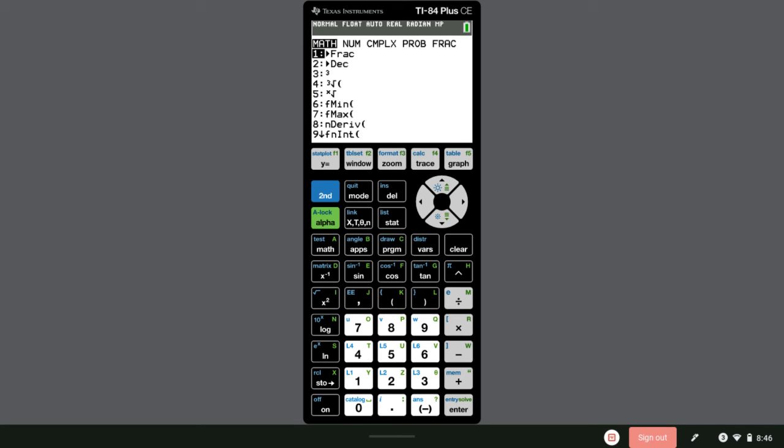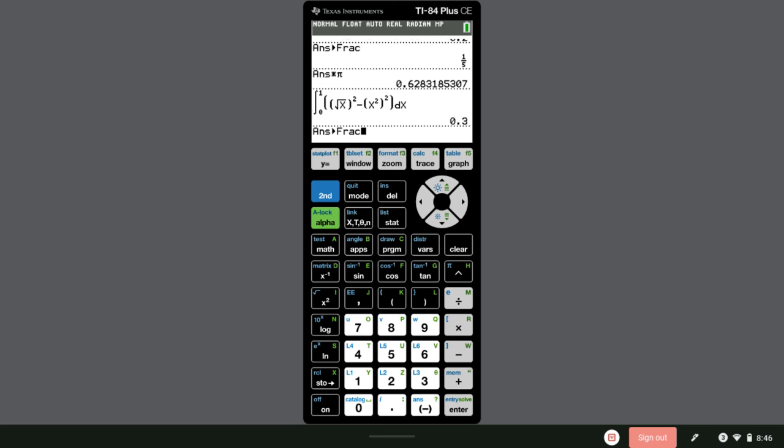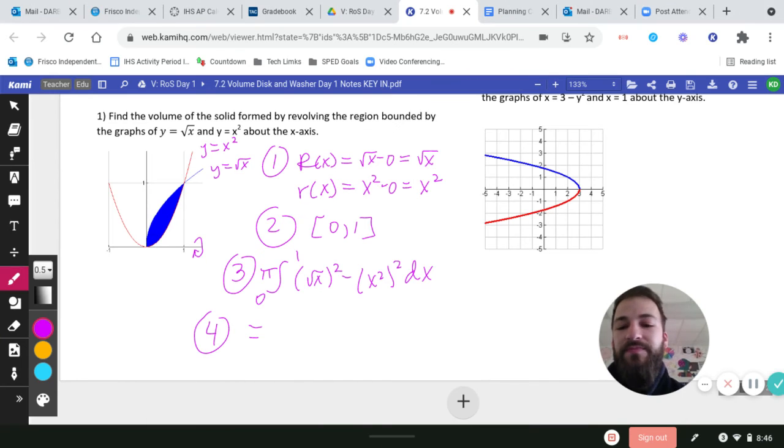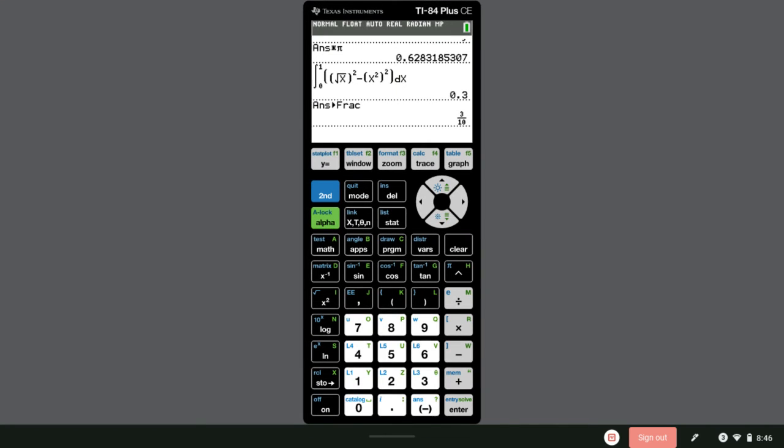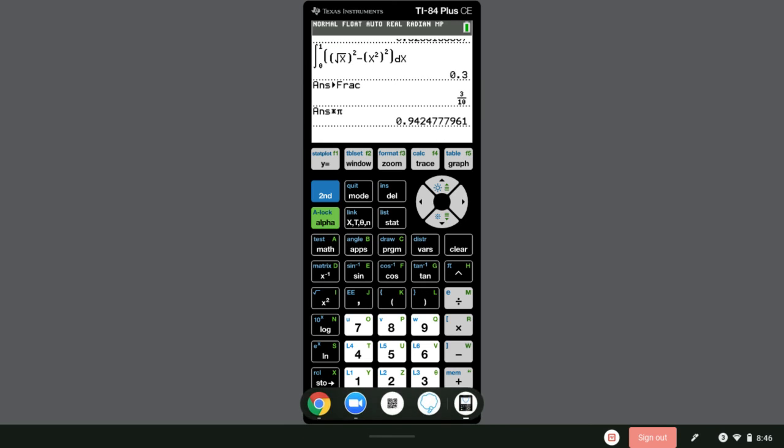So that gives us 0.3, or about 3/10. And then, of course, we want to multiply it by pi. So we would get 3 pi over 10. Or if we actually multiplied it out, .942.